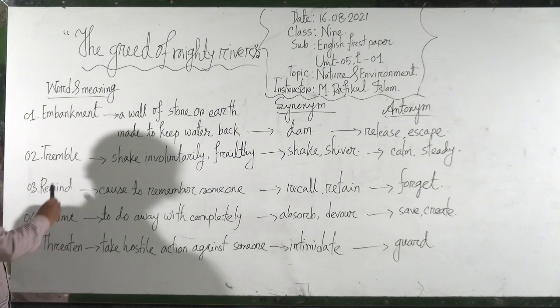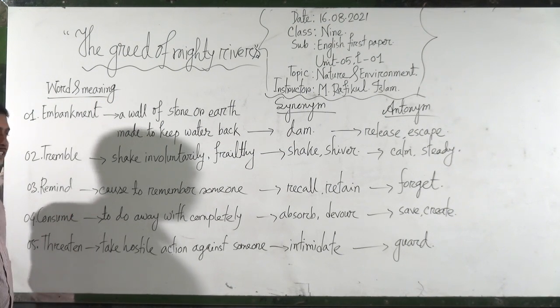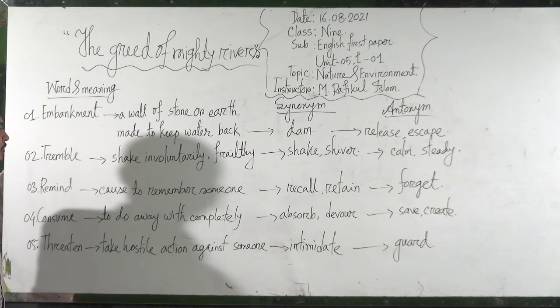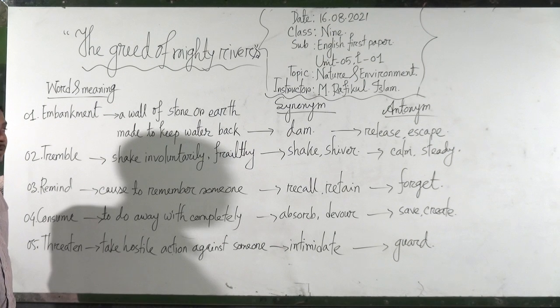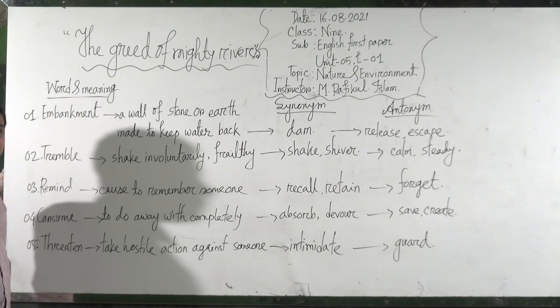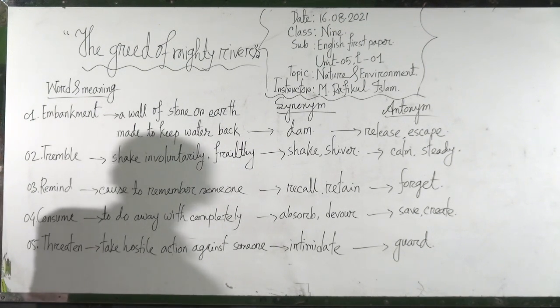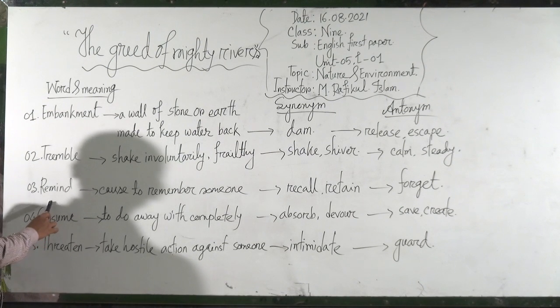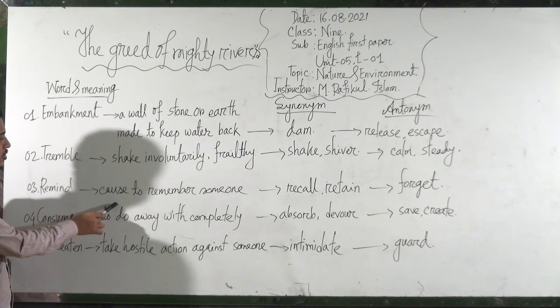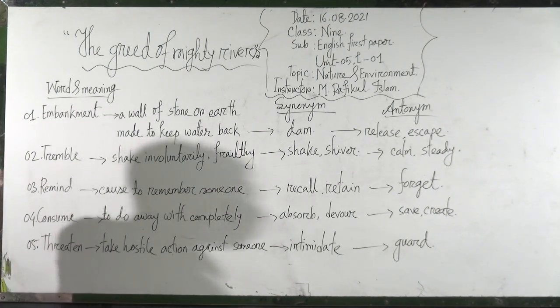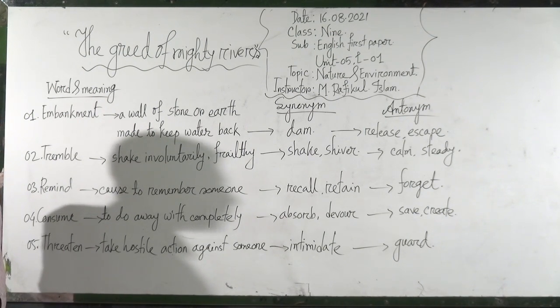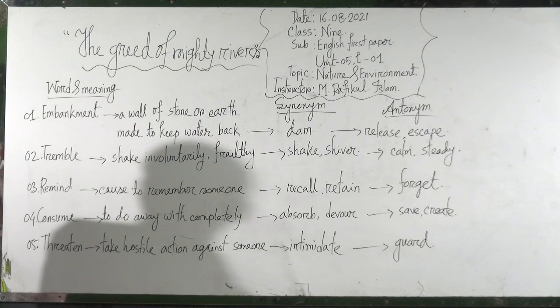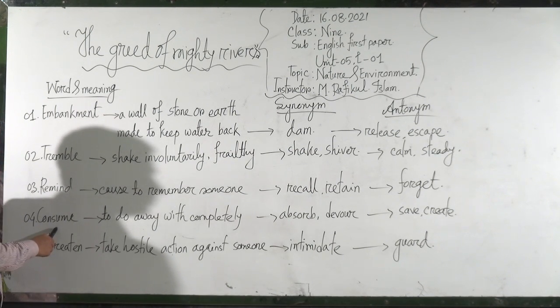Next, tremble. It expresses to shake involuntarily or frailty. Synonym: shake, shiver. Antonym: calm and steady. Third one, remind. It means to cause to remember someone. Synonym: recall, retain. Antonym: forget. Consume.